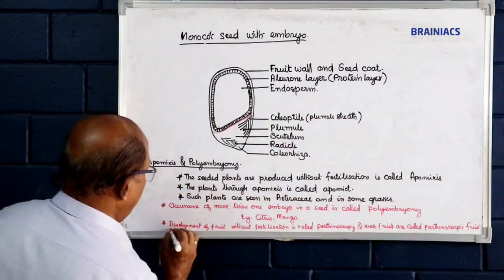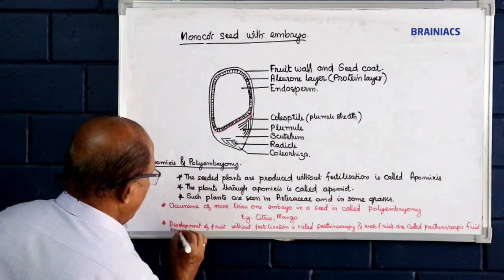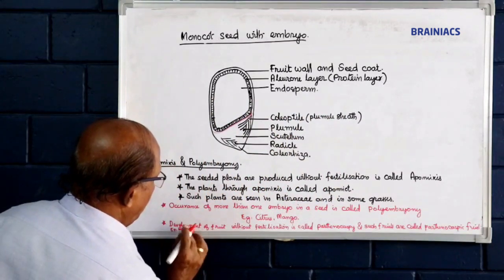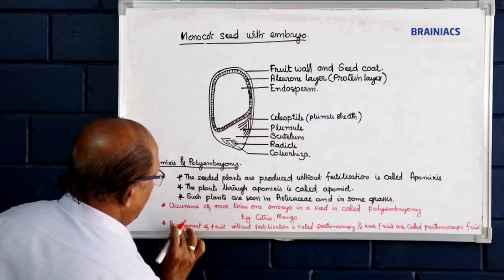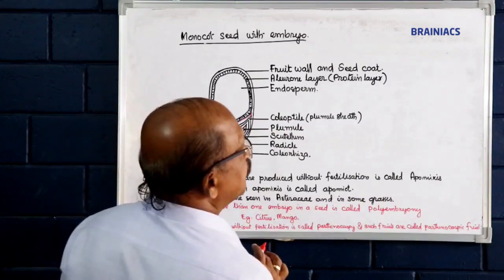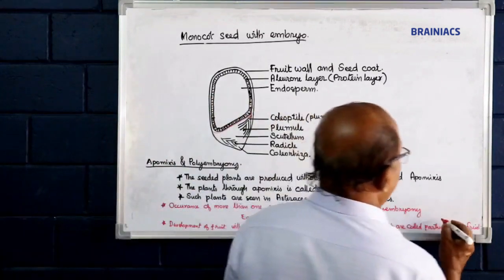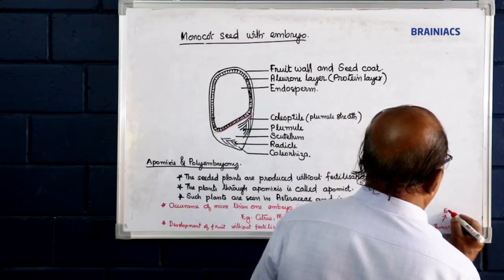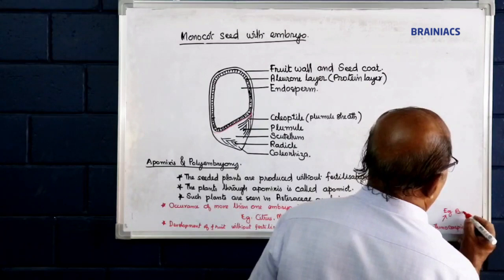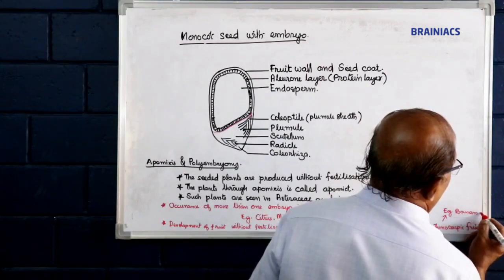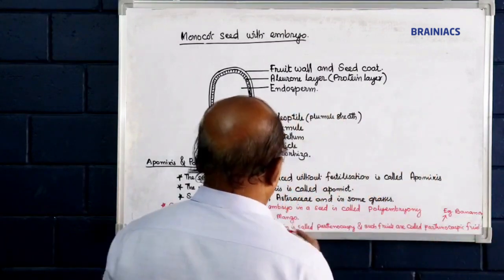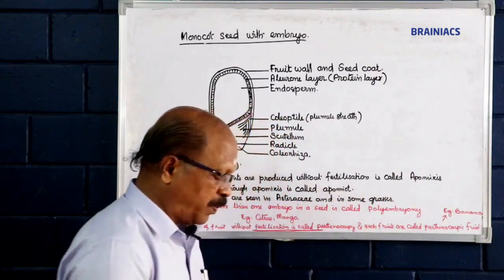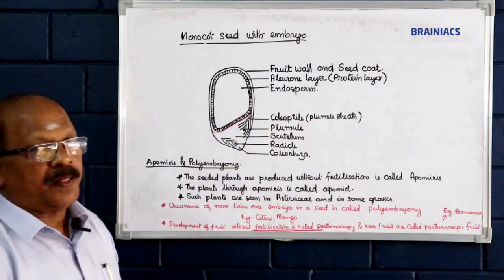Example, banana. And that is about sexual reproduction in flowering plants.